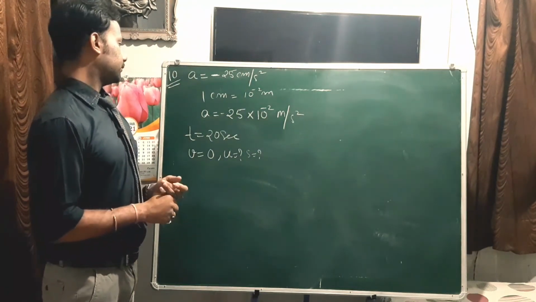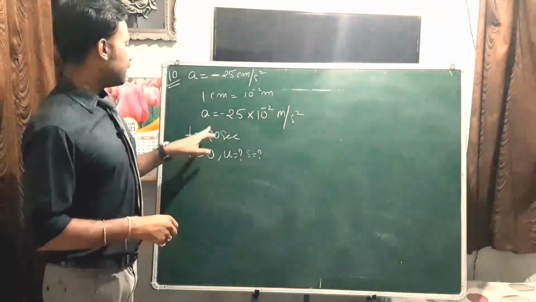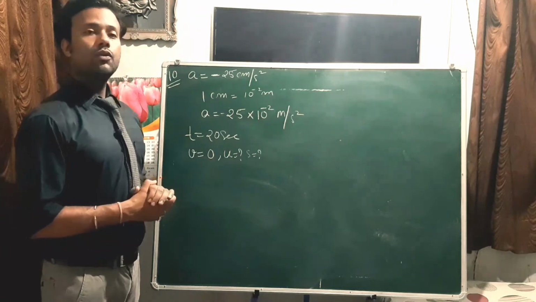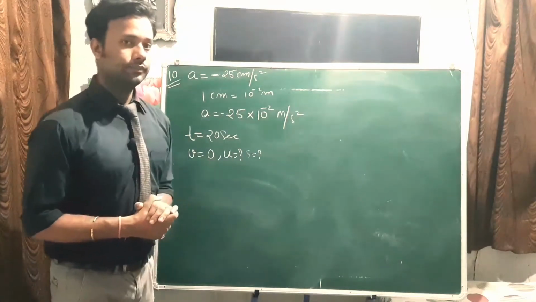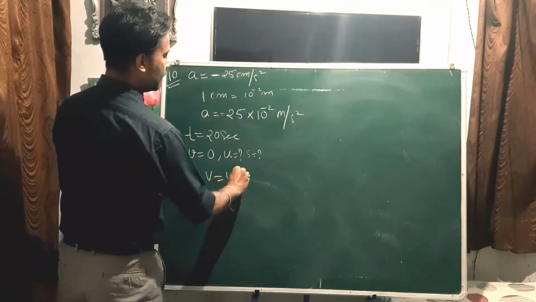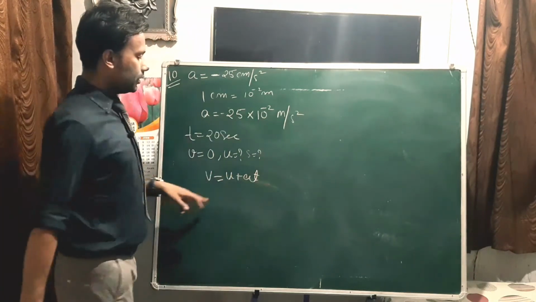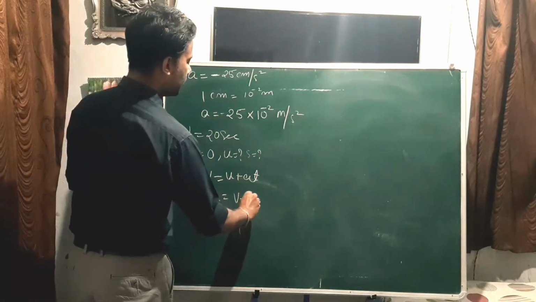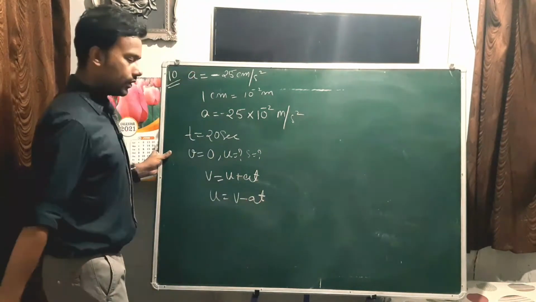So we have v, we have a, we have t. If we apply the equation number 1, that is v equals u plus at, from here we can find the value of u. So u will be v minus at, right?